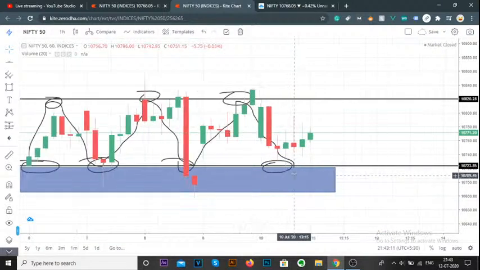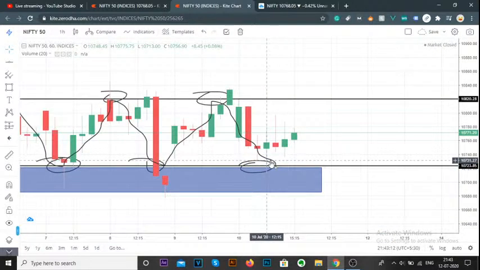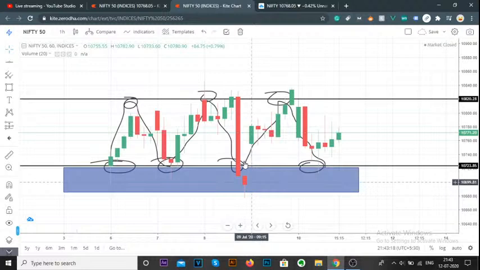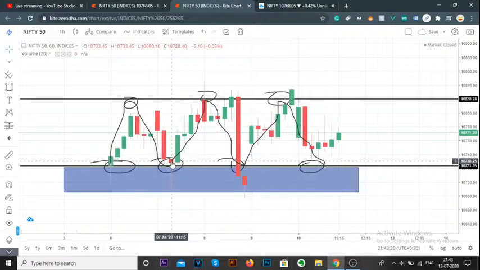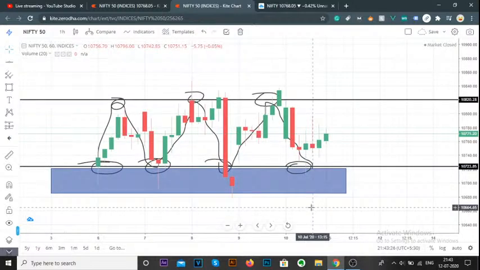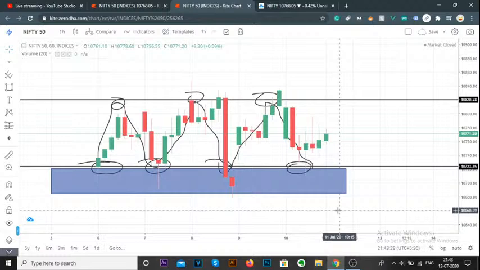The sellers didn't even have a chance to place a red candle here. Simple as that. So the buying pressure is really high is what you need to understand in this situation.